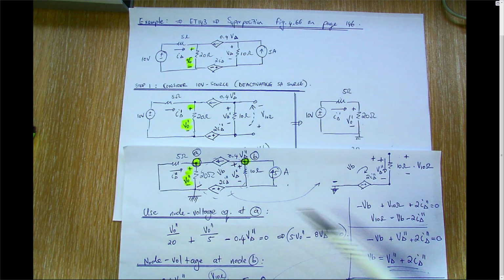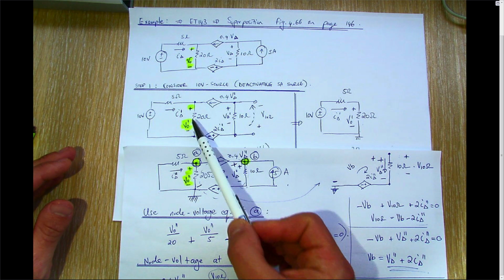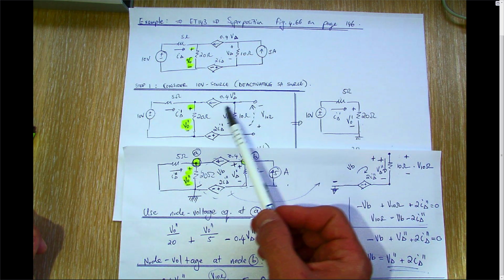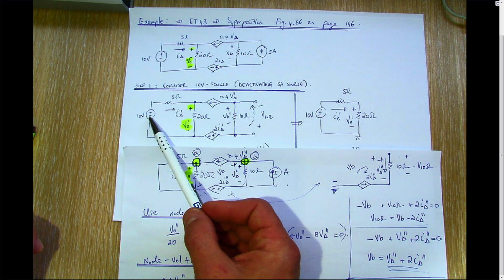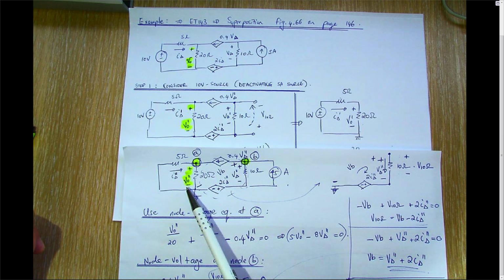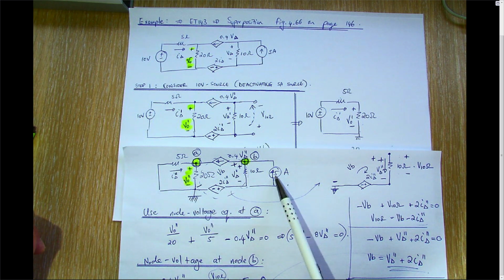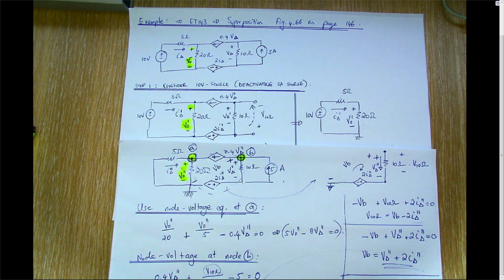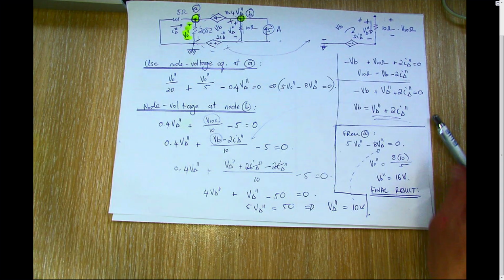Well, I've now calculated the value for both of these. My first one, I calculated V0 prime by considering the 10 volt source and deactivating the 5 ampere source. And in the second example, I calculated V0 double prime by looking at the 5 ampere source and deactivating the 10 volt voltage source. So my final result, I'm just going to scroll up over here.